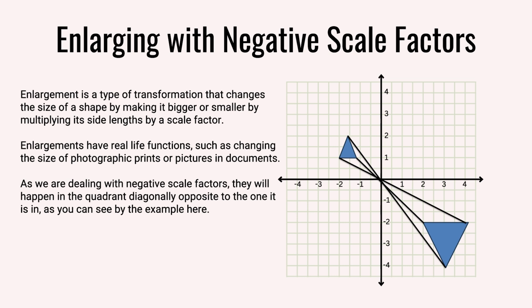As we're dealing with negative scale factors, they will happen in the quadrant diagonally opposite to the one it is in, as you can see by the example here. So this would be an enlargement by either -2 or -1/2, depending on which shape you started with. If you started with the small one, it is an enlargement by -2. If you start with the big triangle, it is an enlargement by -1/2.